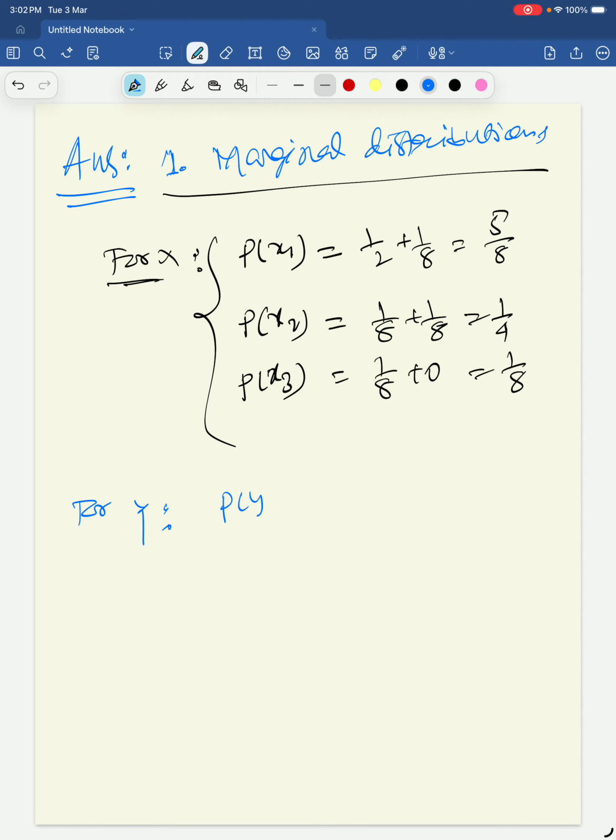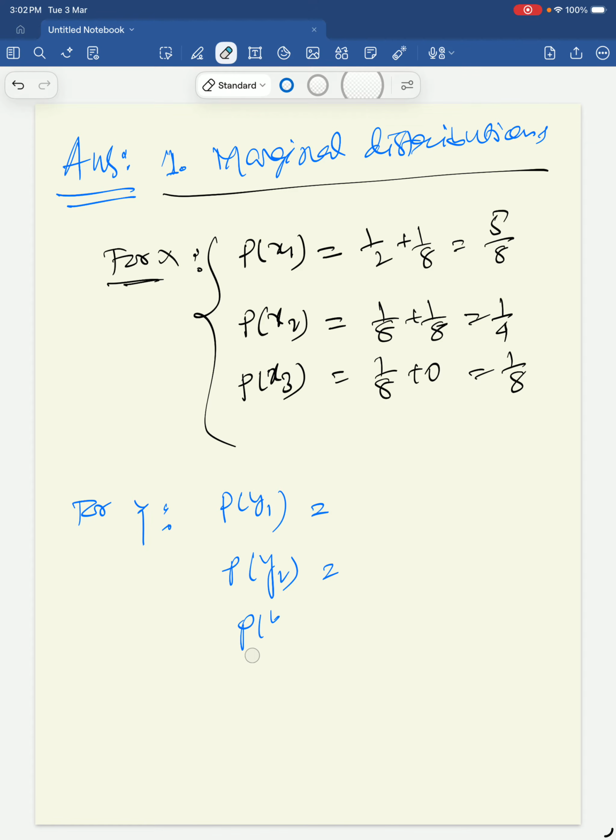Similarly, now we will go for Y. Probability of y1 and probability of y2 only, because here there is no y3.